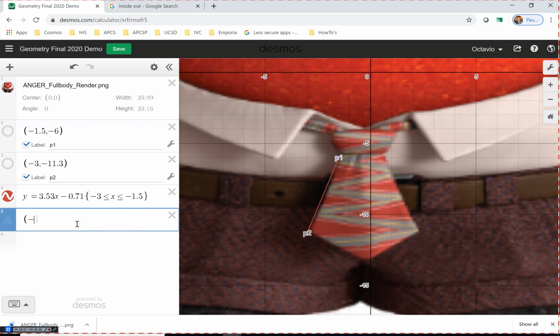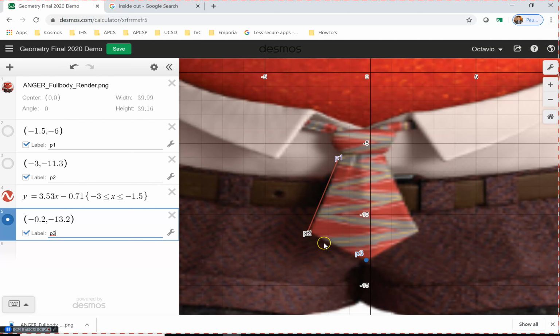So I'm going to put here negative 0.5, comma, negative 13, and I think it's a little further down. And it looks like it's a little bit more to the right, so maybe, there we go. That looks good. And I'm going to call this P3.